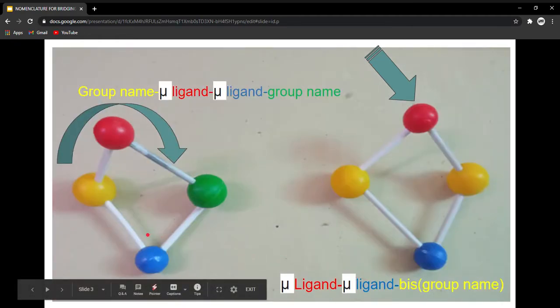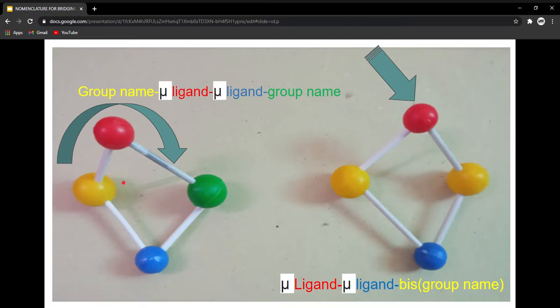Next is the third case. Okay, here you can find from the model balls in a variety of colors: red, yellow, green, blue. The red and blue balls are your bridging ligands, and the yellow and green are the groups attached to them, right?